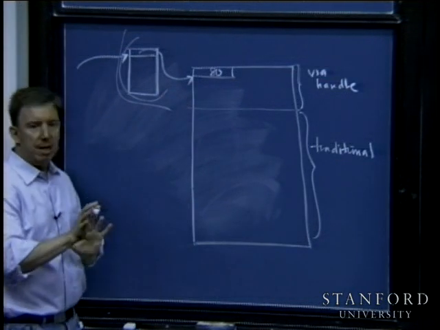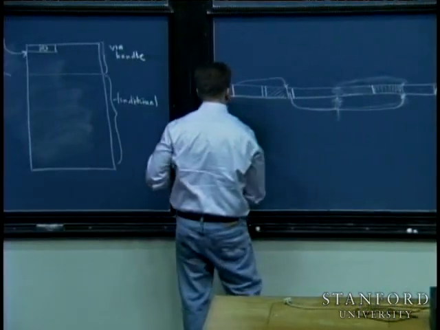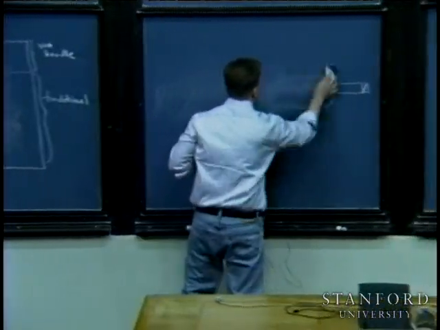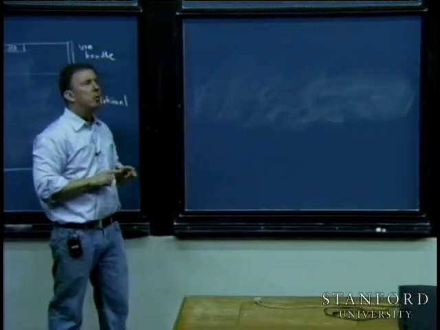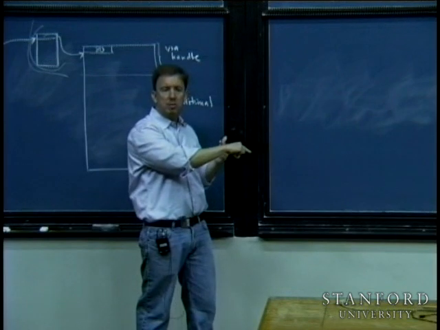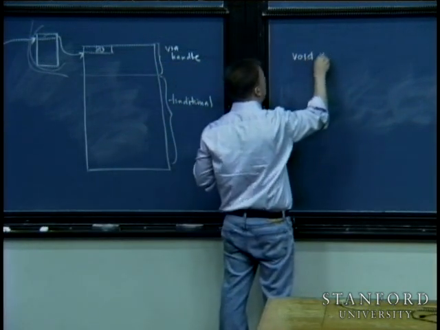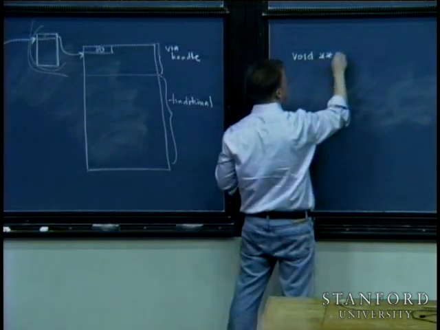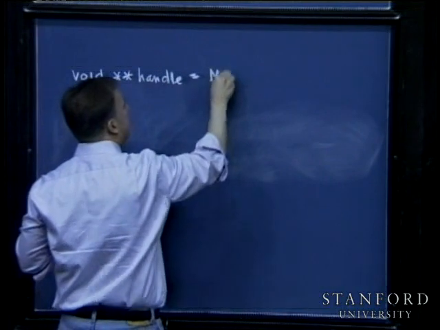So the paradigm, or the idiom rather, that people would use for this is if you really wanted to get memory to something that's compacted and managed more aggressively by the heap manager, you would do something like this, void star star handle, and it would be some function like new handle.